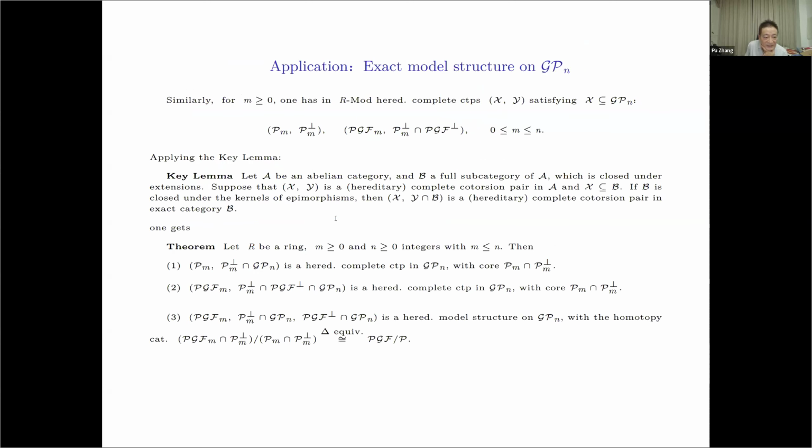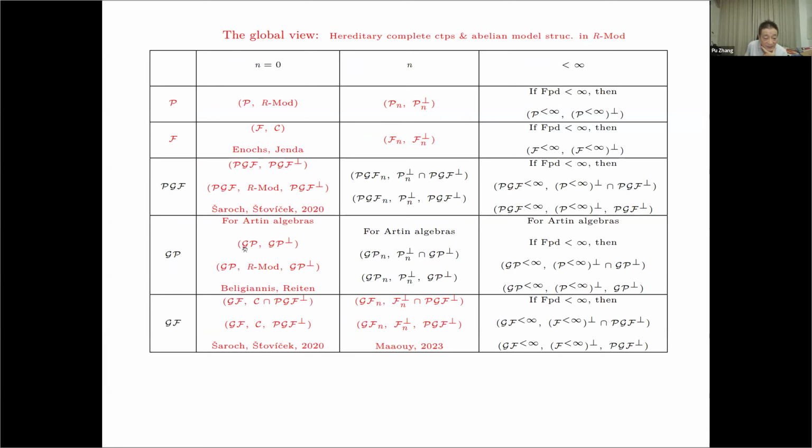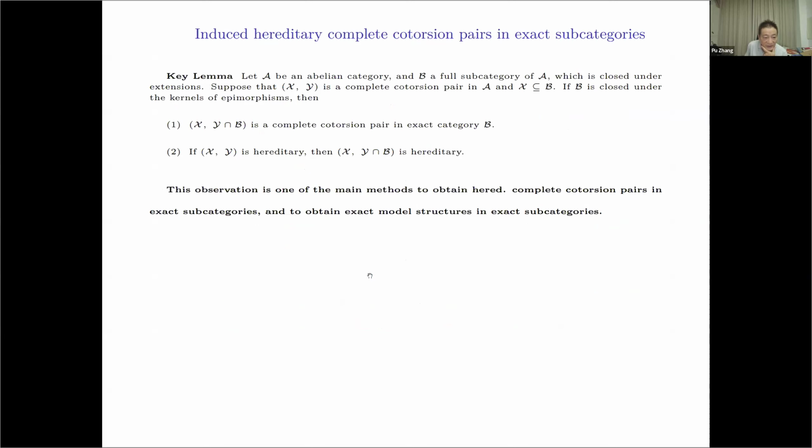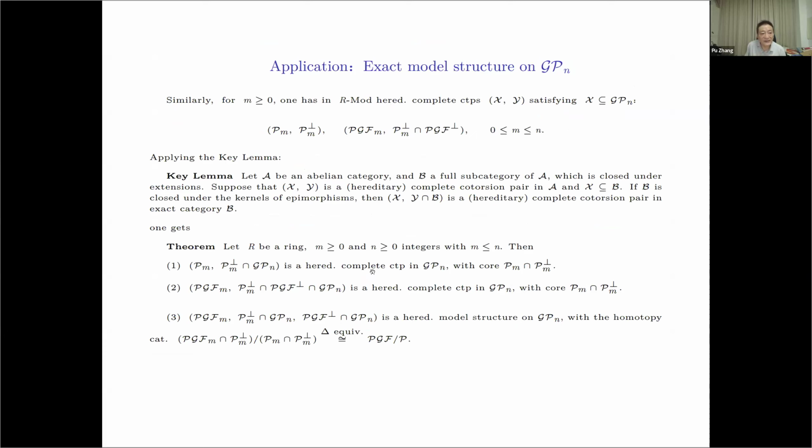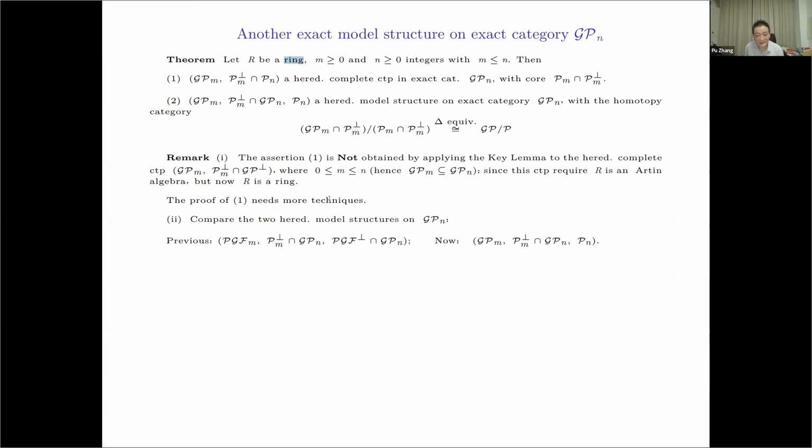I stress here that in Beligiannis and Reiten's result, this is for Artinian algebras. It cannot be for any ring. But here we can do it for any ring. So this uses a different argument.